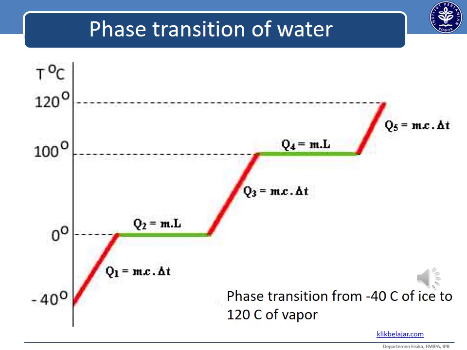Once the water has reached 100 degrees Celsius, now we need to convert this water into steam or vapor. The heat needed for this, Q4, is equal to mL, where L is the latent heat or vaporization heat of water into a gas.